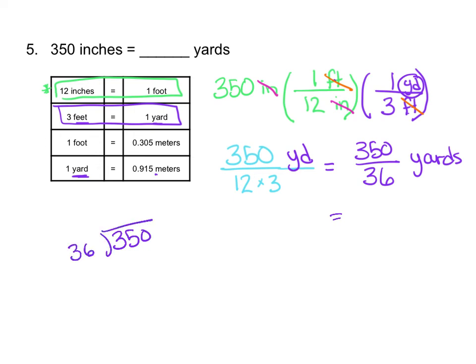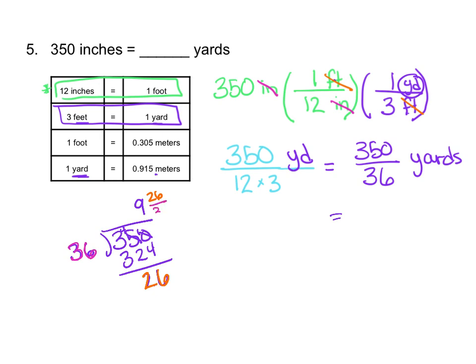So 36 goes into 350 9 times. So when I multiply 36 times 9, that's 324. And when you subtract, this is 26. So then this would be my leftover, right? My remainder. So I have 26 as my remainder out of 36.